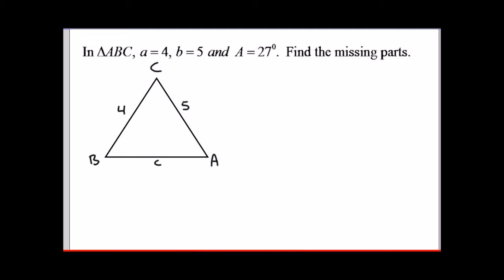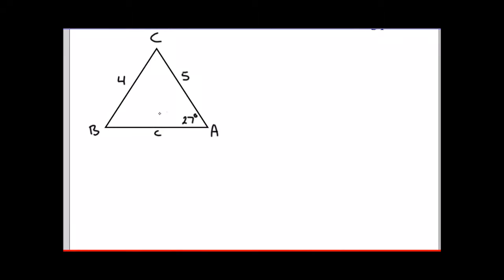Right, and I know angle A is 27 degrees, so I know this angle. Now, 27 is pretty small. 4 is smaller than 5, so I'm expecting angle B to be bigger than 27. Now, when I set this up to find angle B, I've got a side angle pair here, so I'm going to put 4 over the sine of 27 degrees.